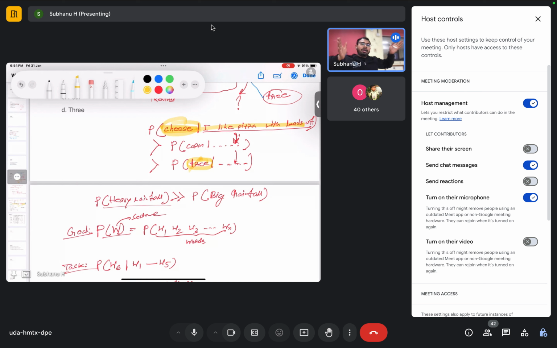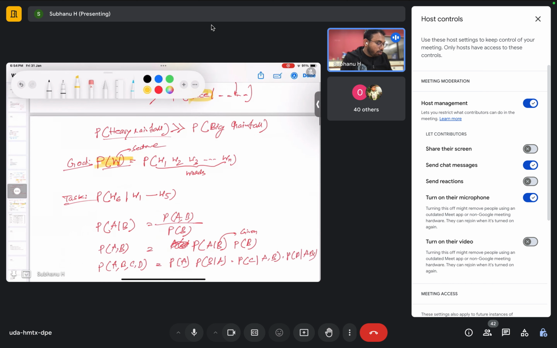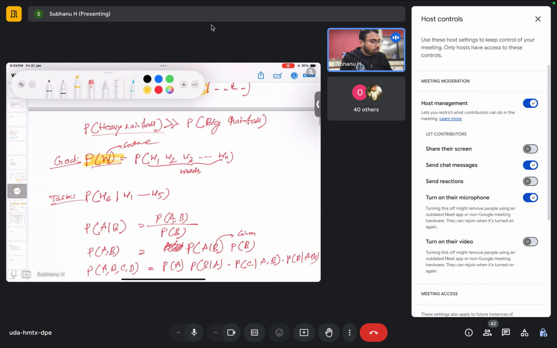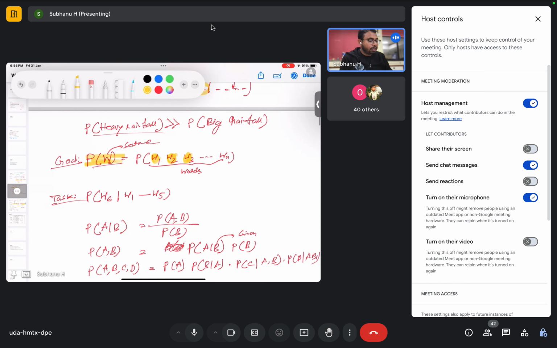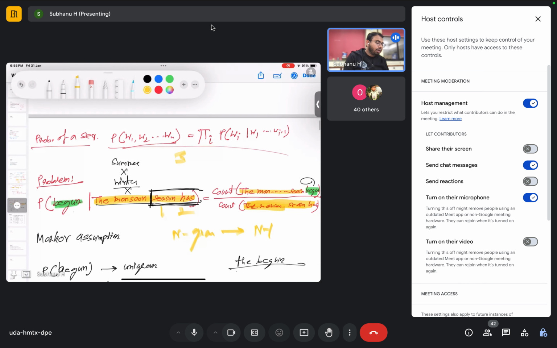So you have collected all the books from around the globe, and you have a big dictionary kind of thing, and you are just matching against it. This is the goal: we have to find the probability of the sentence, and the sentence is made of words.